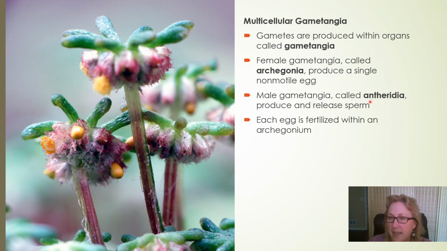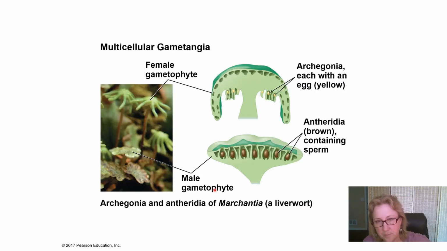The male plants have the antheridia. The sperm have flagella and swim and require water to get from the antheridia to the egg in the archegonia, which is why you tend to find liverworts and mosses in wetter environments.